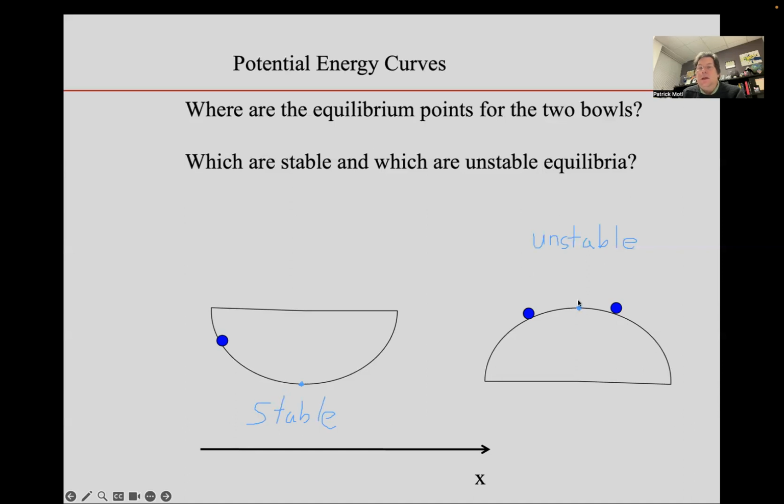Unstable means that if I balance the marble just right at the point of equilibrium, sort of like getting the pencil to stand up on its tip, it could be done, but unlikely. Once it is done, any small perturbation is going to cause it to move away from the point of unstable equilibrium. So if I could get the marble to just balance on top of my bowl, it is going to roll right off with any little perturbation.